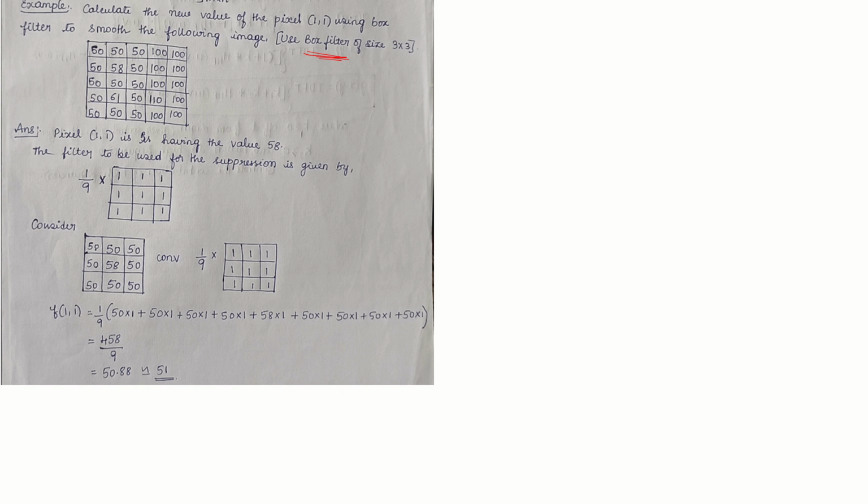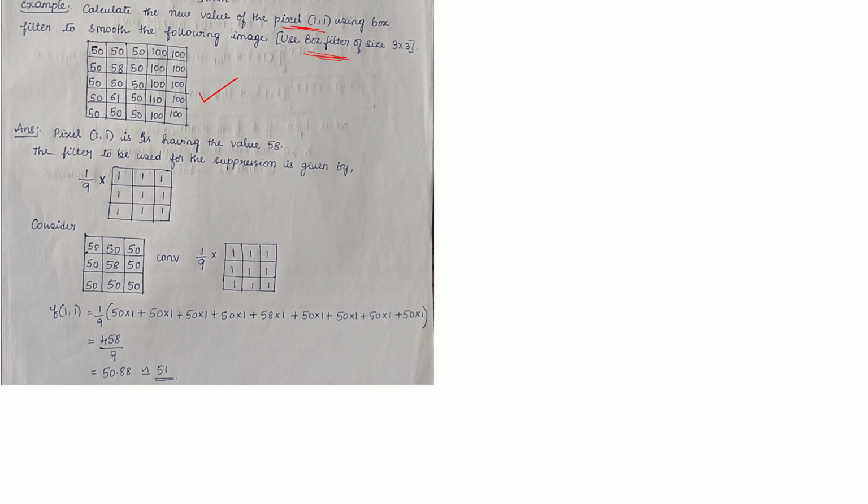Here they have specified that you use the box filter itself. Now this is our input image. They have told you the location where we have to apply the filter: calculate the new value of the pixel 1 comma 1.